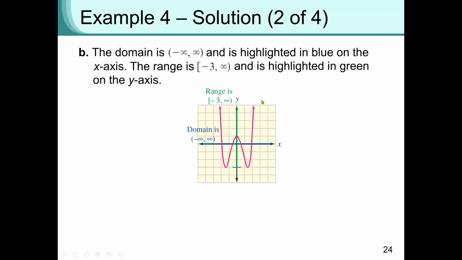Now with the range, the arrow of the graph is going up, so it continues. So the upper value will be positive infinity for range. But we can get a lower value. One box represents 1. So we get 1, 2, 3. So we start from negative 3 to positive infinity for the range. So that's the green line.